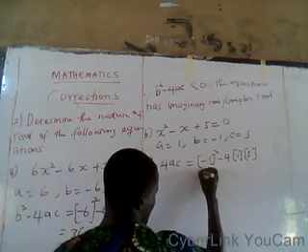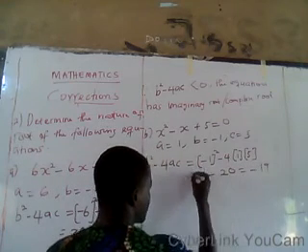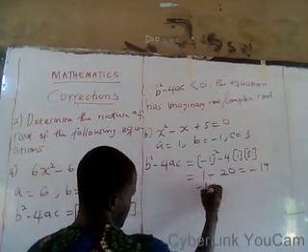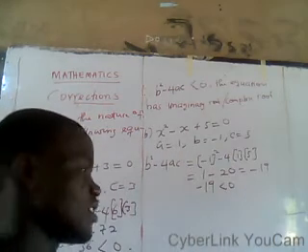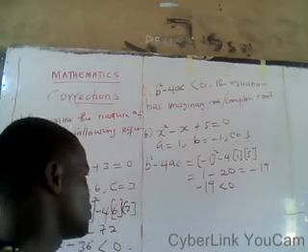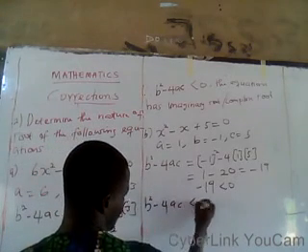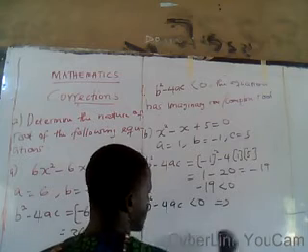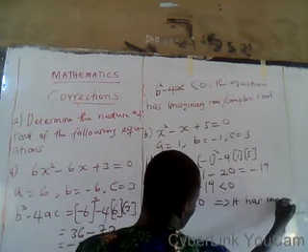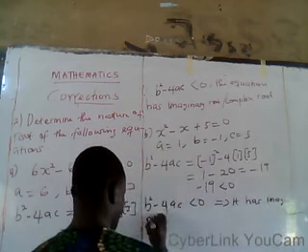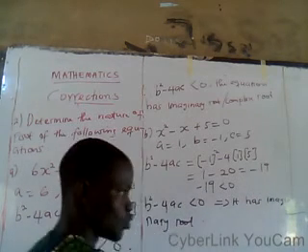So we have 1 minus 20, which is minus 19. And that minus 19 is also less than 0. We know that all negative numbers are less than 0. So therefore b squared minus 4ac is less than 0. So that implies that the equation also has imaginary root or complex root.